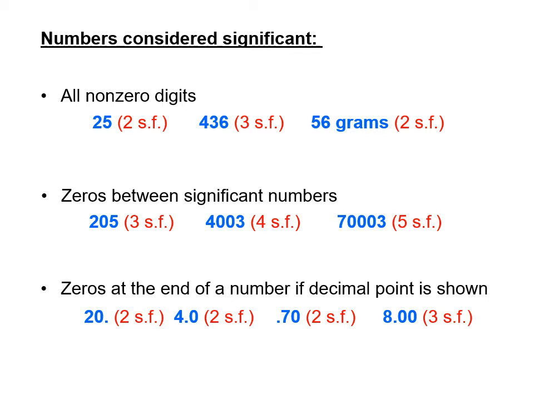So at the end of a number, as long as there is a decimal point shown, the zero, or the zeros, are considered significant. So between numbers that are significant, zeros are significant. At the end of a number, if a decimal point is shown, the zeros are significant as well.